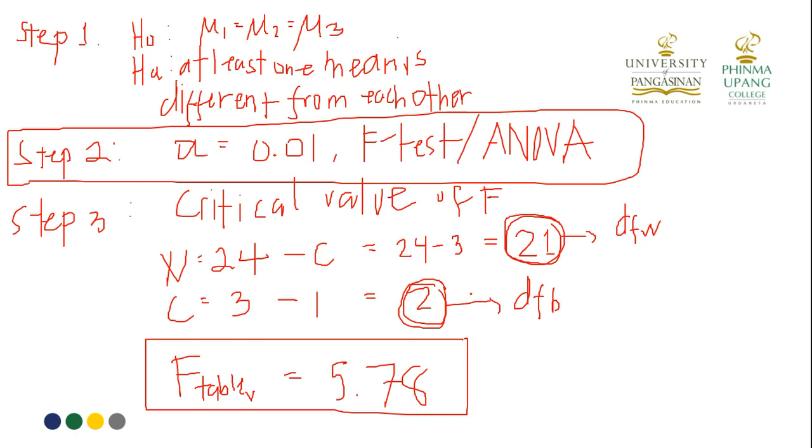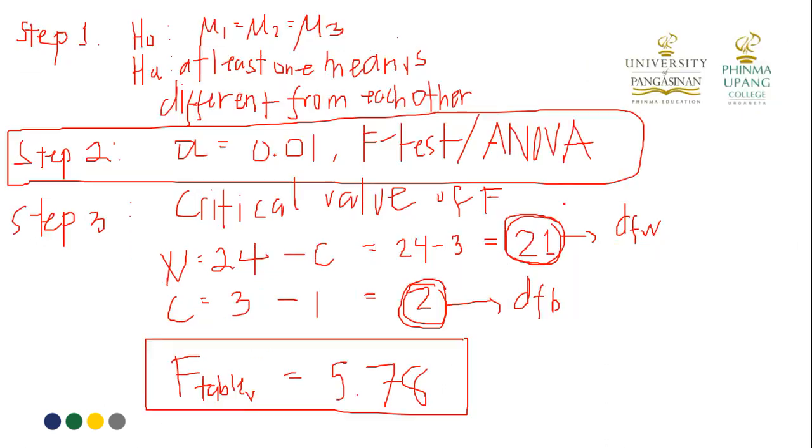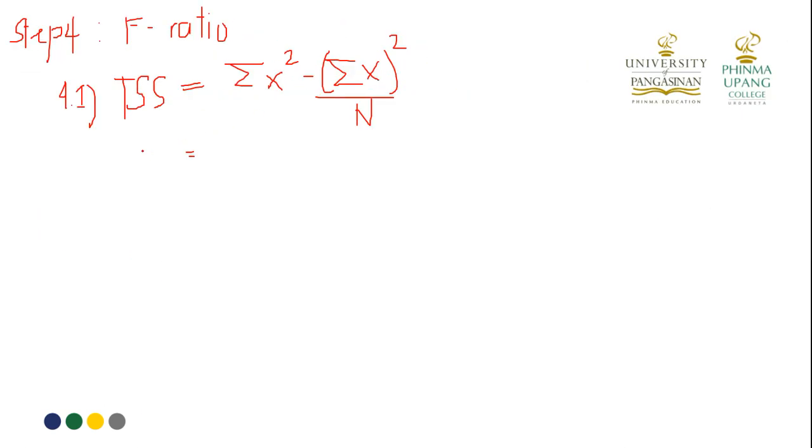Then, sabi nyo kanina, ang summation of x squared is 333.15, di ba? So, sir, what is TSS? The total sum of squares.